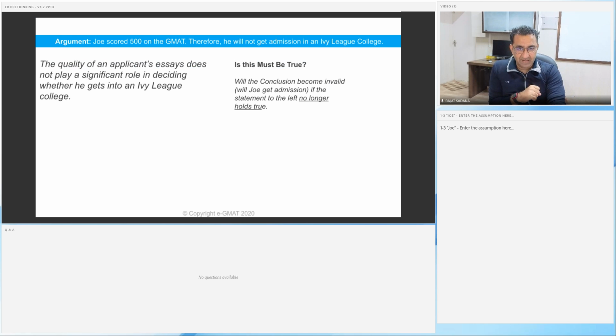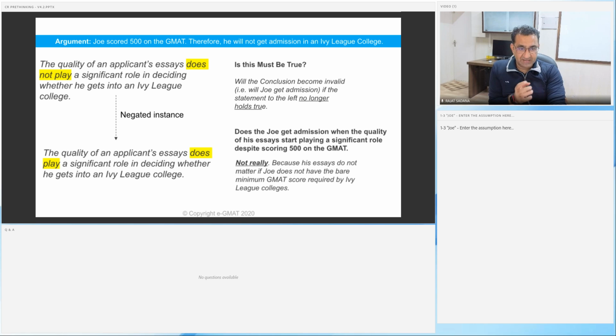Let's evaluate that. So let's say this is not must be true, then its negated instance becomes true, that the quality starts to play a significant role. Then will Joe get admission? No. If essays are important, but if Joe doesn't get the bare minimum GMAT score, then howsoever value those essays are adding, they won't even be relevant if Joe doesn't get the bare minimum threshold to get into an Ivy League college.